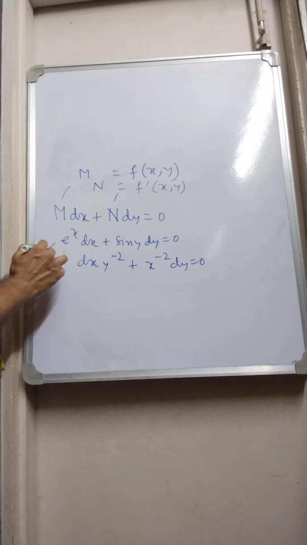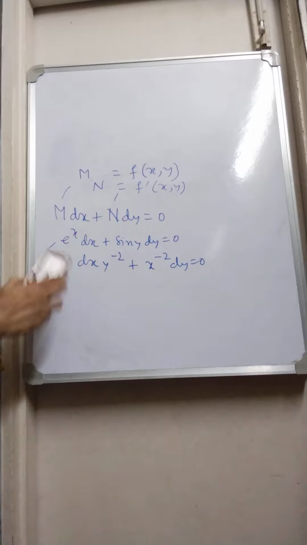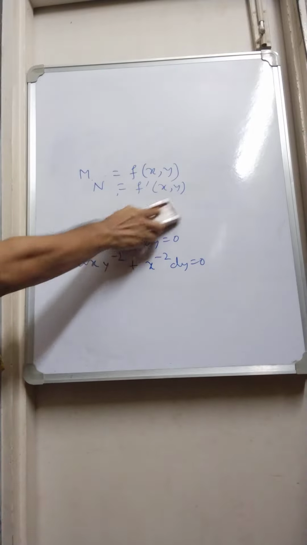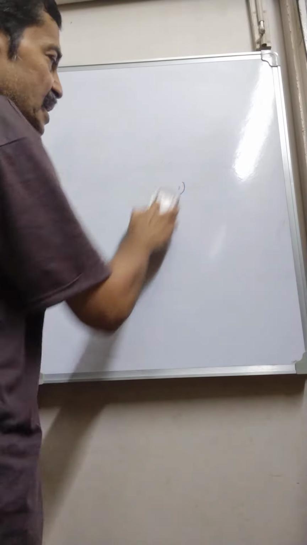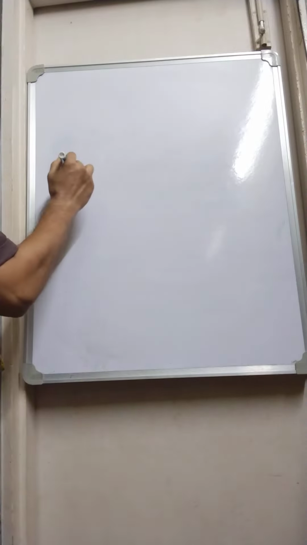We have written some arbitrary forms like this. Now let us discuss about the exactness of this M dx plus N dy form, which may be non-linear in a sense that it will be any function of x and y.